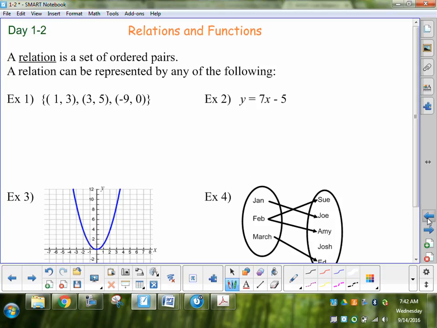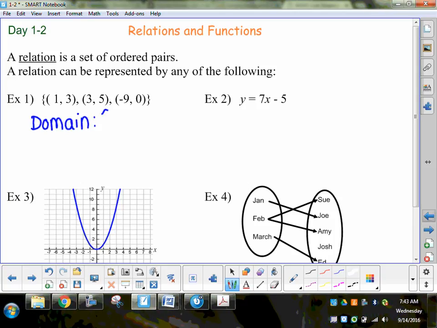So looking at the first one here, your domain, which is your input, is going to be 1. Actually, I say this, a personal pet peeve: list them out from least to greatest. So I list -9, 1, and 3. That is your domain. It's not all real numbers. The domain is just the inputs used by the indicated relation. Your range is going to be the output.